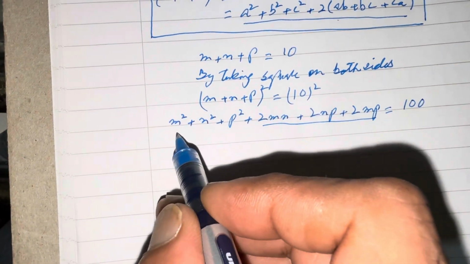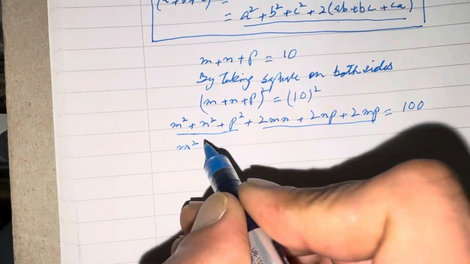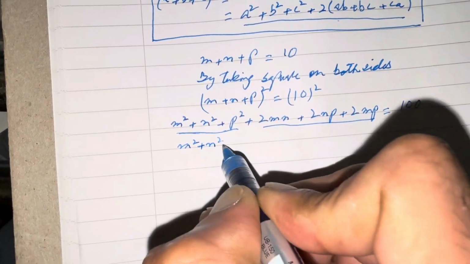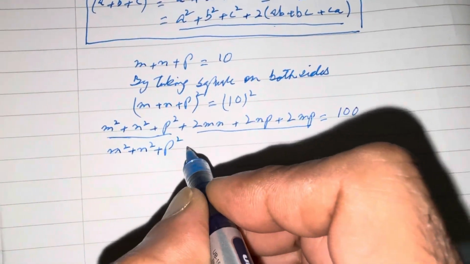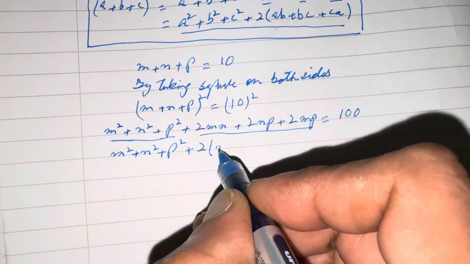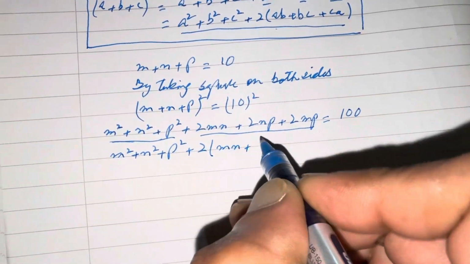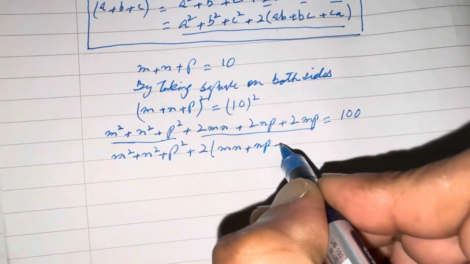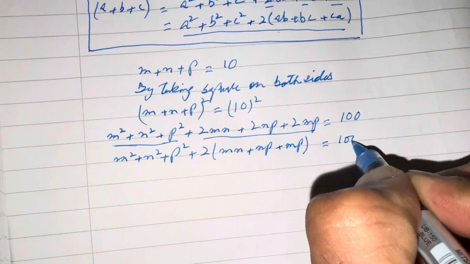So these 3 terms will be written as it is: m square plus n square plus p square plus 2 common, then 2 into mn plus np plus mp is equal to 100.